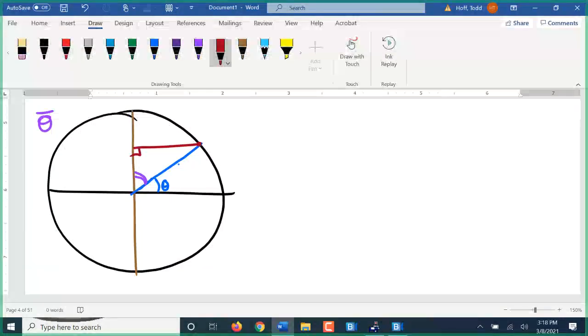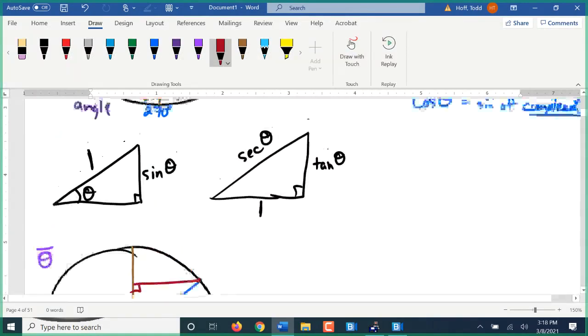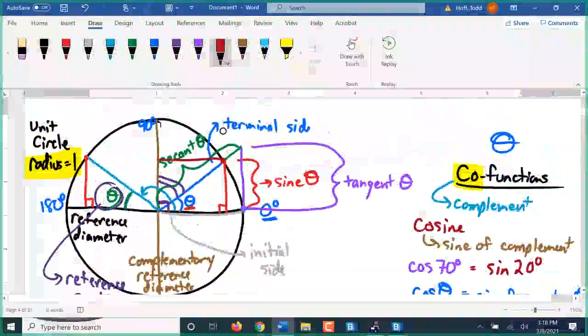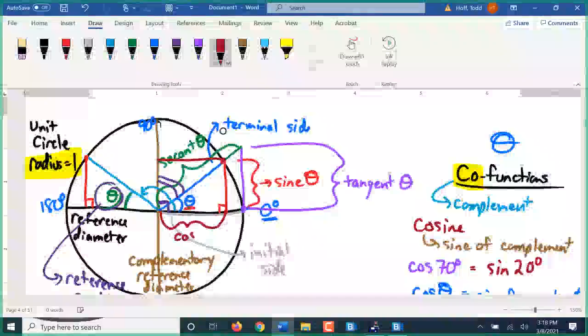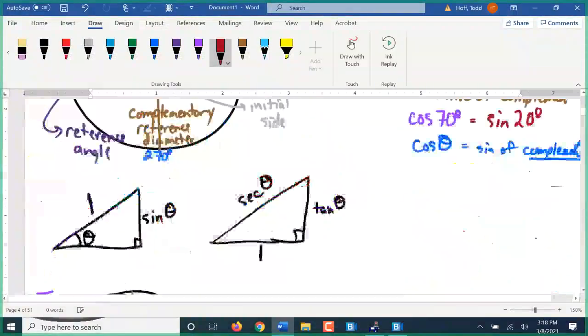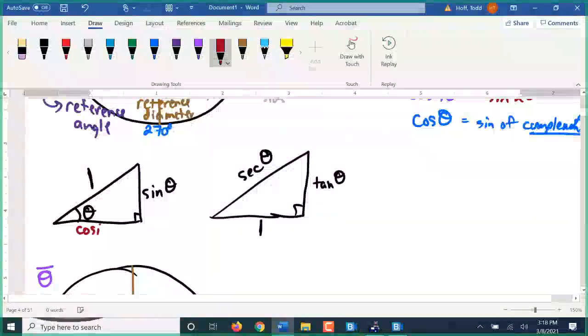That's the distance back to that reference, the complementary reference axis. Well, up in this picture up here, that distance from here to there is really the same as that distance there, right? The reason I pointed that out is that means this side of that triangle is the cosine of theta.